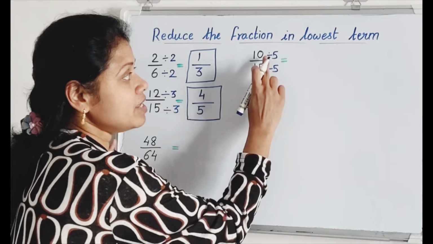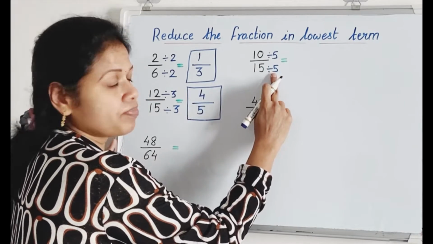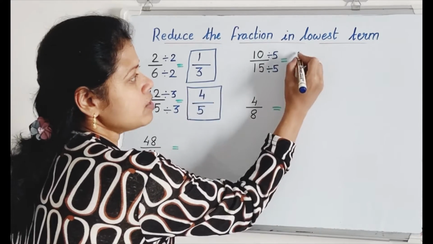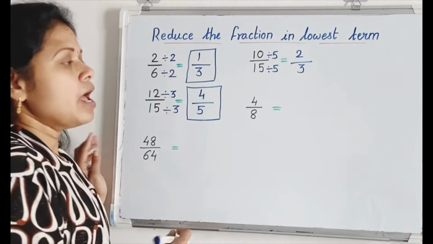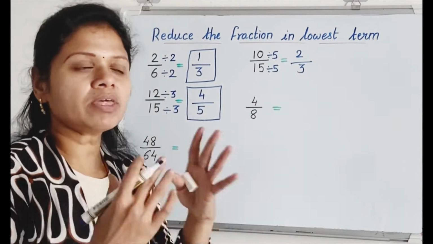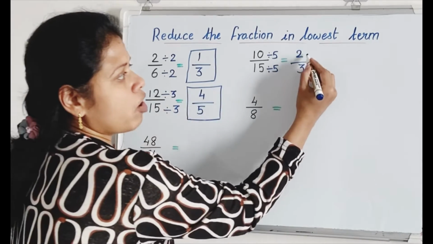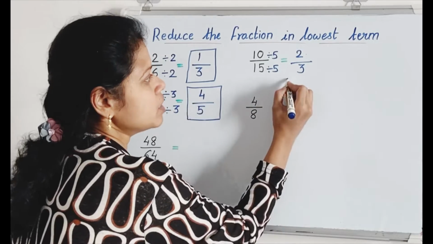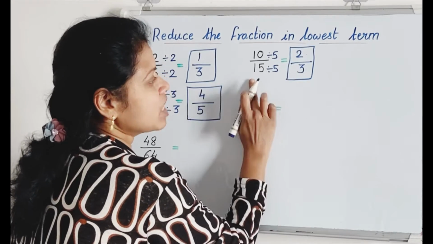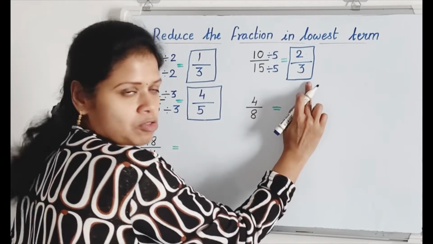So I am dividing this fraction by its common factor. 10 divided by 5 is 2, and 15 divided by 5 is 3. After doing this, we have to check once again whether there is a common factor for the numerator and denominator. If there is no common factor, then you can say that the fraction has been reduced to its lowest term.